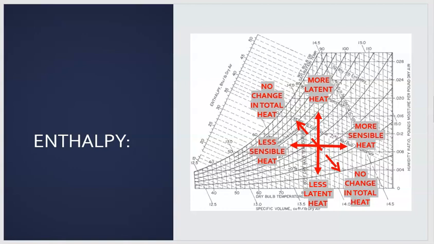So if you have more humidity in the air, you're going to have more latent heat. If you just have the temperature increase, you're going to feel more sensible heat, which just means you feel the heat. You know, the temperature is 82, whereas it's going to feel less sensible heat if you're down in cooler temperatures. And then if you have lower moisture, it's going to be less latent heat. And then as you go up, it's going to be more humidity, more latent heat.